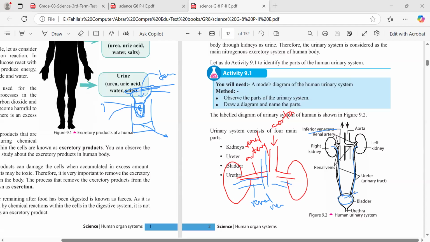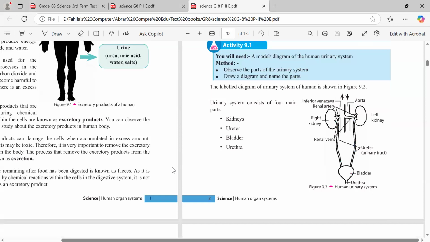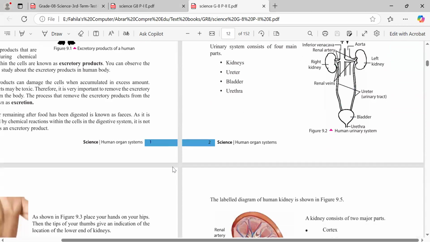Once it reaches its capacity, we will feel the urge to pass urine through the urethra. Okay, so that is the simple system of our urinary system.